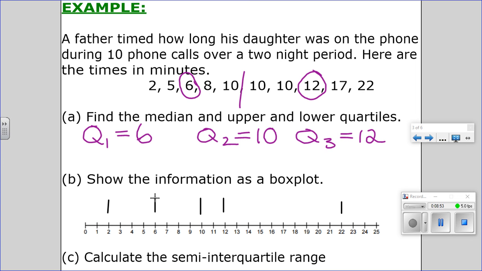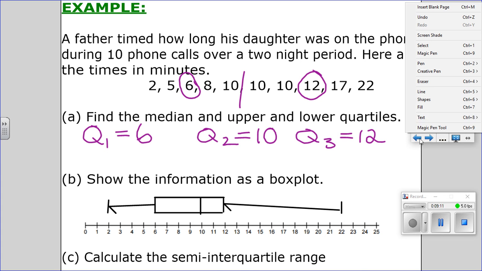Then to create a box plot, all I'm going to do is connect the 3 quartiles so that they make a box, and connect onto the upper and lower values. And please make sure that yours is a lot neater than this.